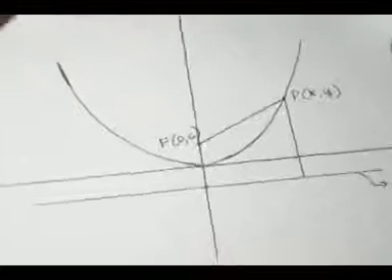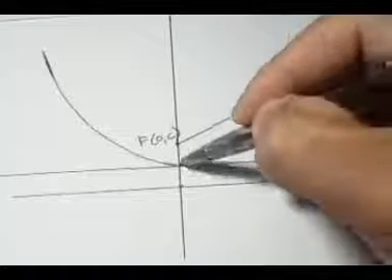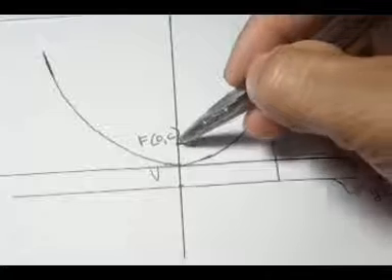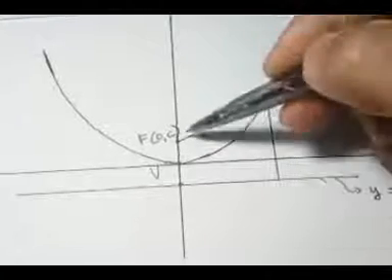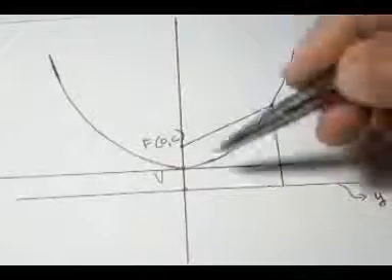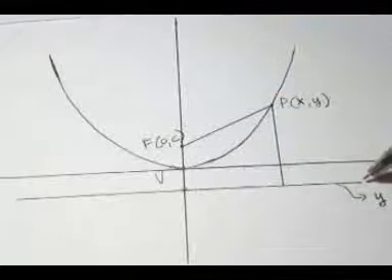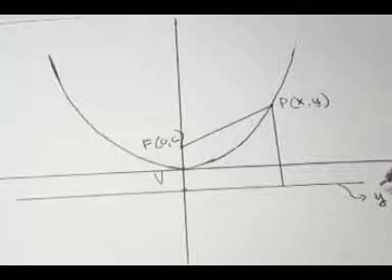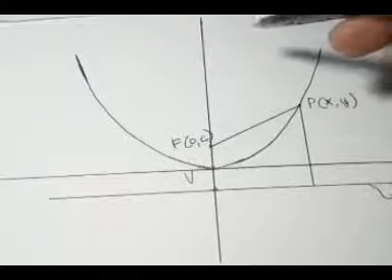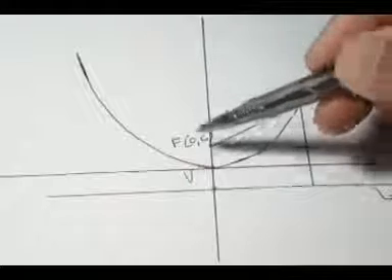This is a parabola, and this is the vertex V, and a focus, and a point on the graph of a parabola P(x, y), and the line, the directrix, y equals negative c, if the parabola has its vertex on the origin.